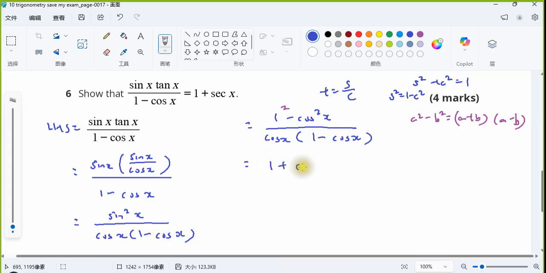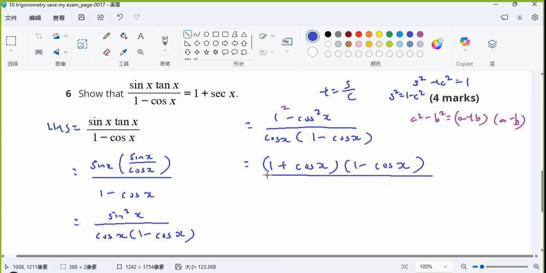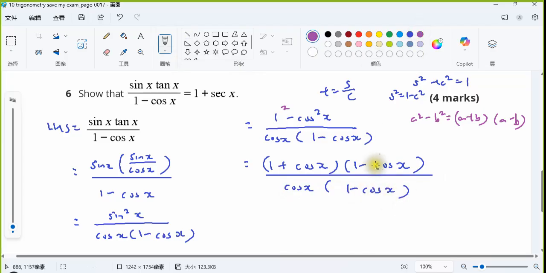So we have 1 plus cos x multiplied with 1 minus cos x, divided by cos x multiplied with 1 minus cos x. So 1 over cos is the secant x, plus 1, is 1 plus secant x, the right hand side. Done.